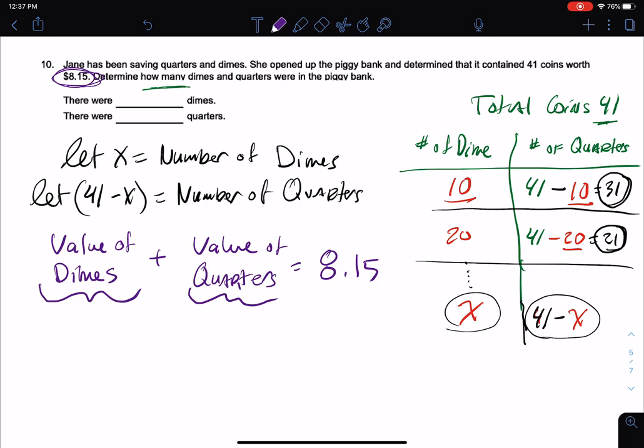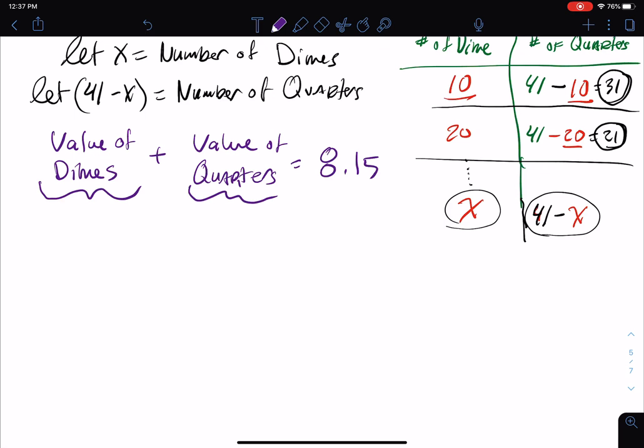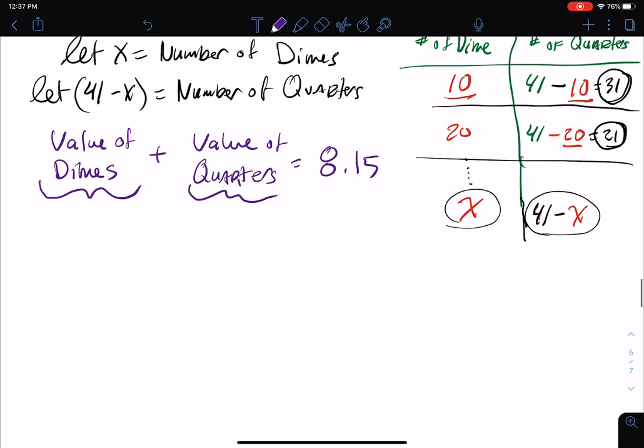Well, the way you find the value of dimes, for instance, if I had 5 dimes and someone asked what's the value of 5 dimes, you'd say 5 times the value of a dime, which is 10 cents.